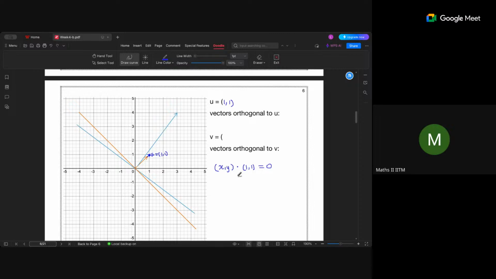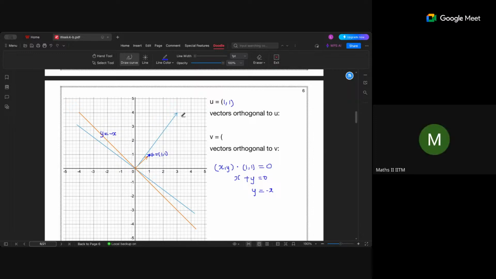So you have x plus y is equal to 0, so you have the equation y is equal to minus x. All such (x, y) are the vectors which are orthogonal to u. So it is nothing but the line y is equal to minus x. Is that correct? Yes, ma'am.